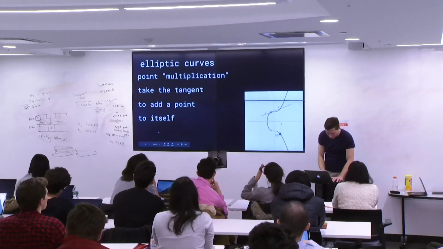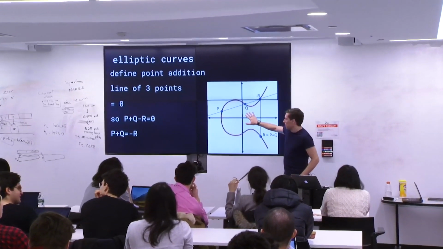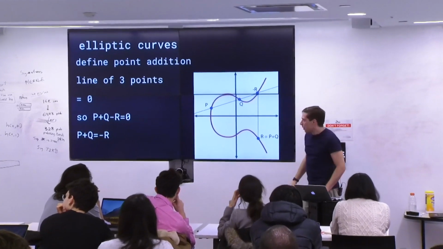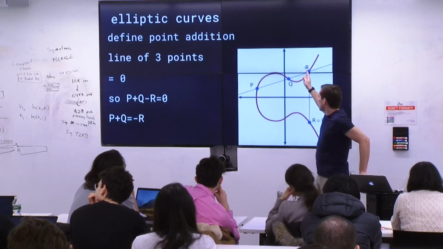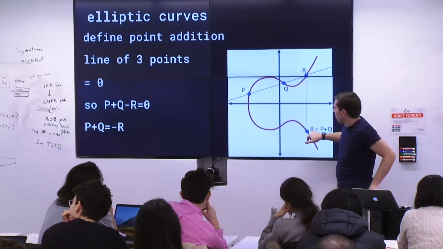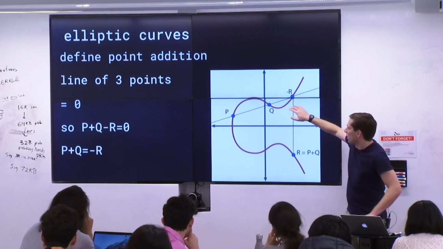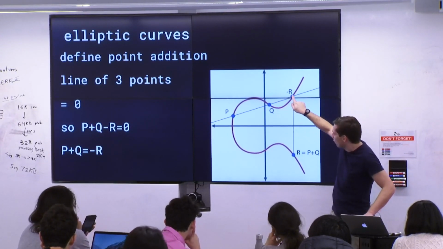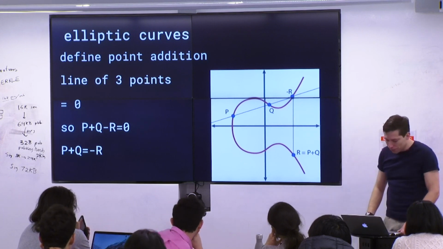Yeah, this picture is correct. But basically, P plus Q equals R, because R is down here, sorry. This is R, this is negative R. So P plus Q equals R, not negative R, sorry.